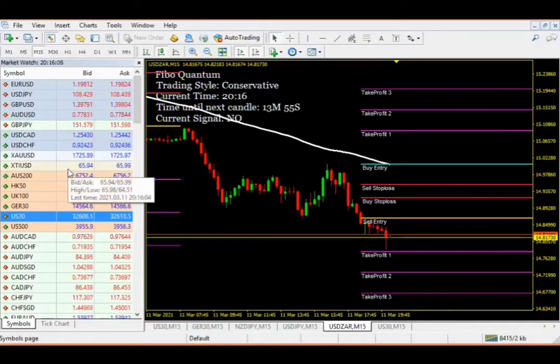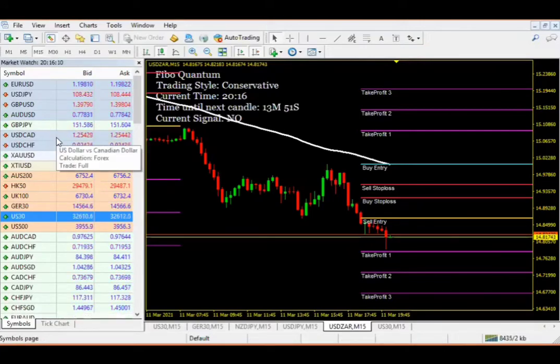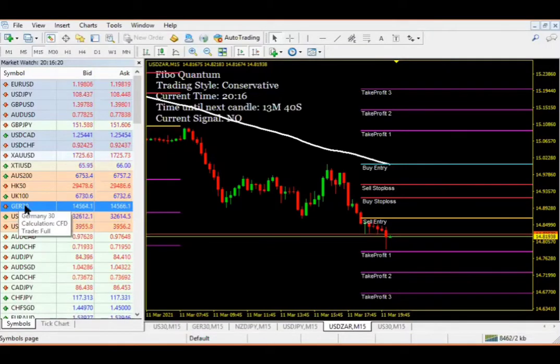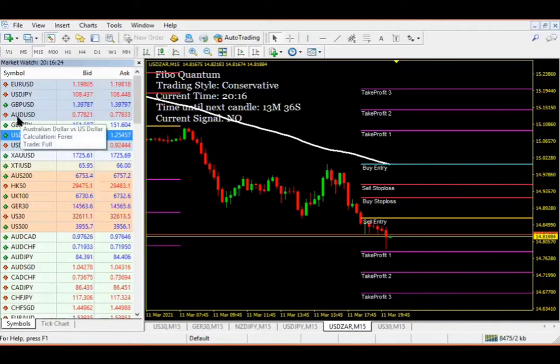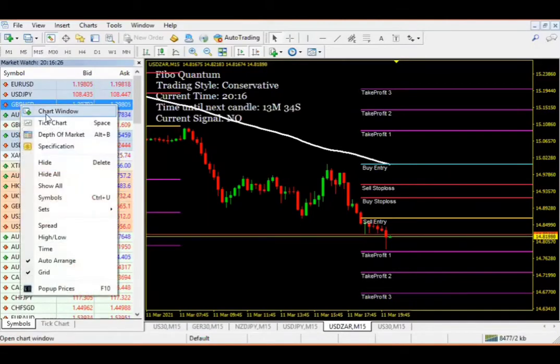Somebody asked me, how do you set this up on the charts? It's very simple. If you already have the system, or I've installed it for you at some point, and you want to put it on a chart, you just go to the market watch here and right click on anything. For example, let's look at GBP USD.